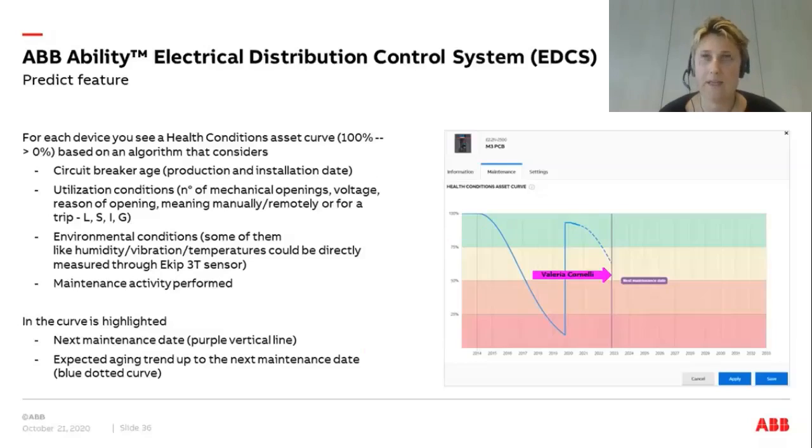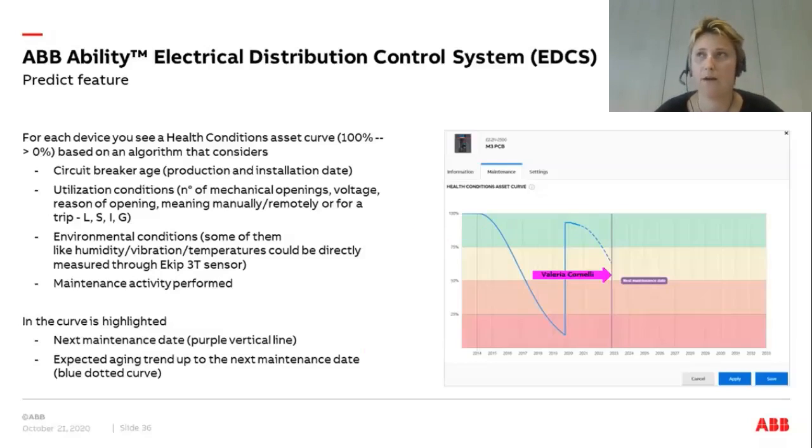The complete aging curve, the health condition curve, is influenced by the age of the breaker, of course, considering both the production and the installation dates. We also take into consideration the utilization conditions.